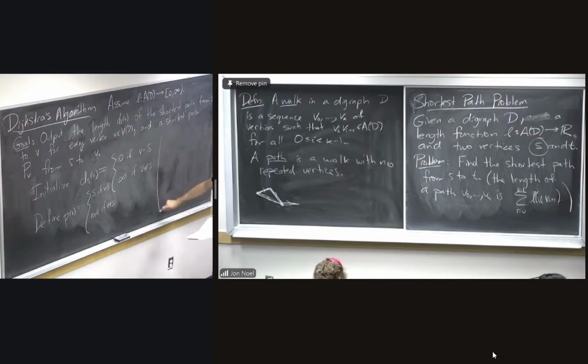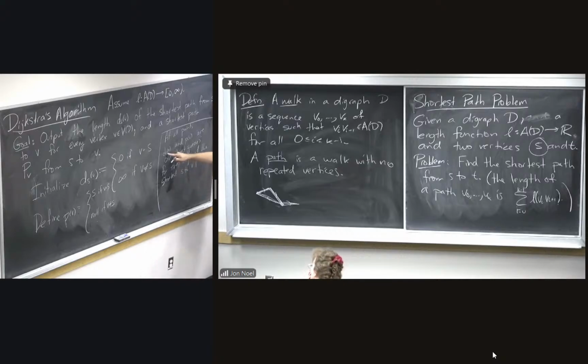So at all points, this is sort of just a philosophical comment: ds of v and p of v are our best guesses so far for the length of the shortest s to v path.